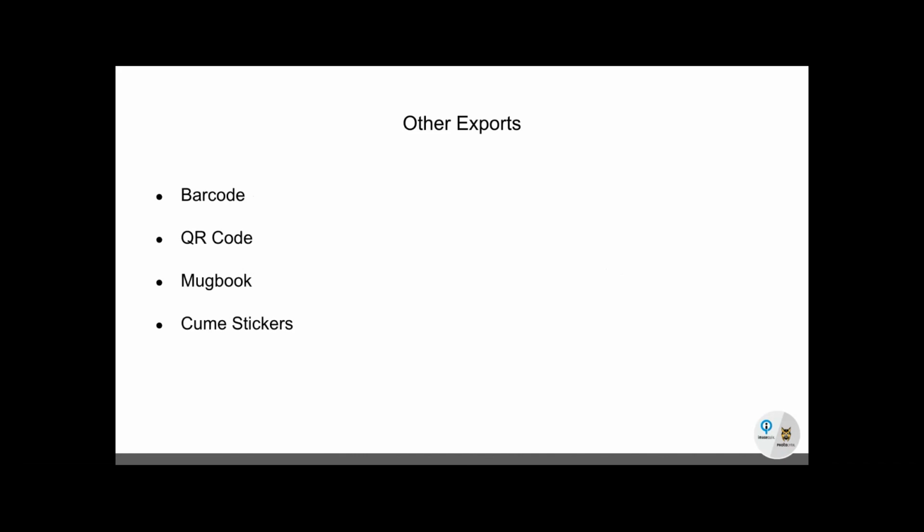You can export barcodes, QR codes, mug books, and Cume stickers. And with all these different exports, you have certain customization options available that you can also save and use for future use.